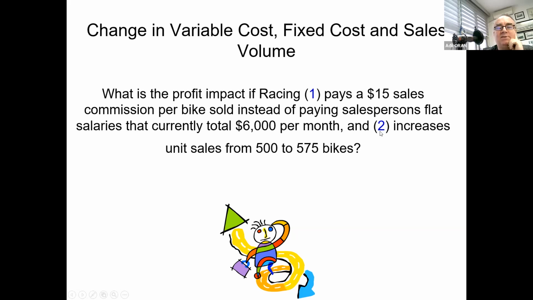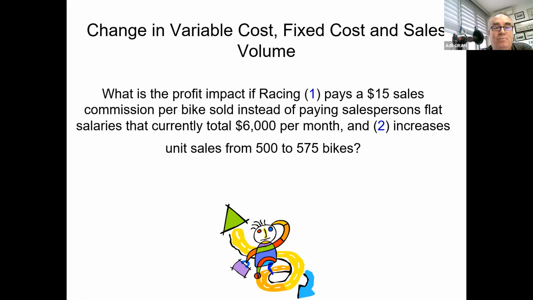If this allows the company, its salespeople are going to be more motivated to sell. If the number of bicycles sold increases from 500 to 575, is this going to help or harm the company? Let's look at the changes. So basically, the contribution margin is going to be changing from $200, 500 minus 300, to 500 minus 315.